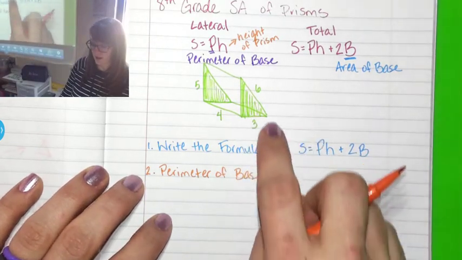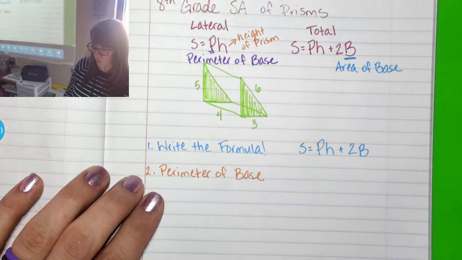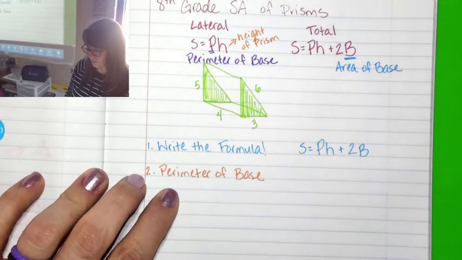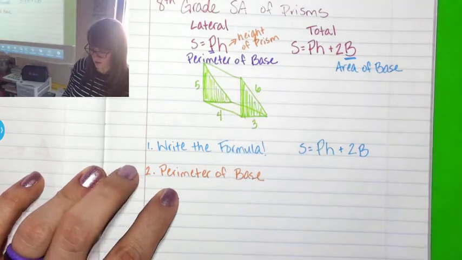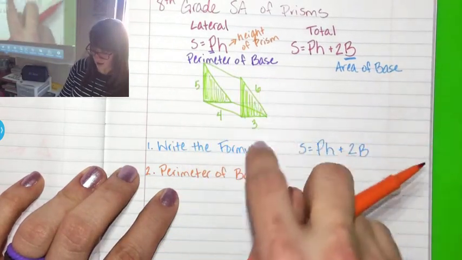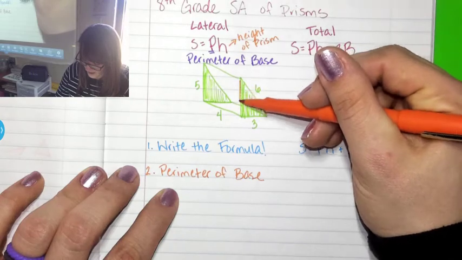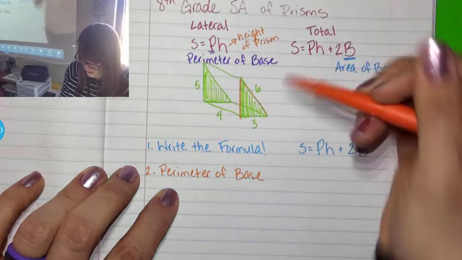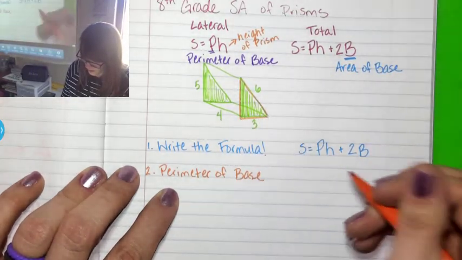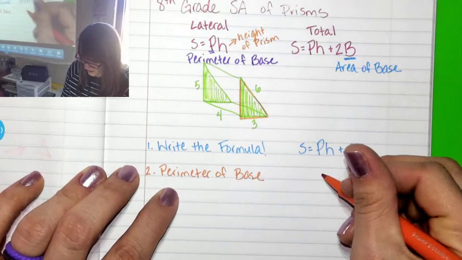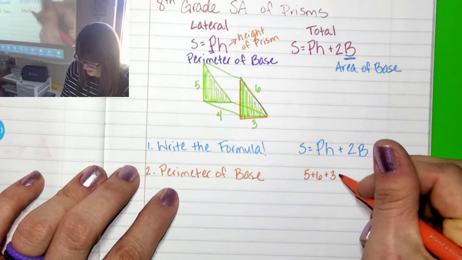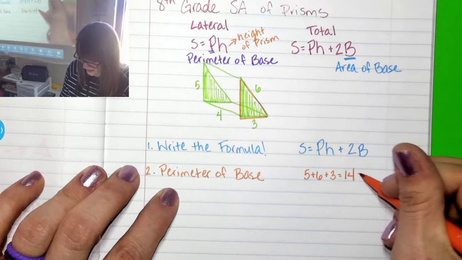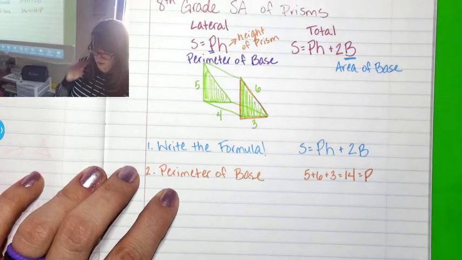So the perimeter of this triangle is what? What are the 3 numbers that go with the triangle? 5, 6, and 3. So 5 plus 6 plus 3 is 14. That is capital P.